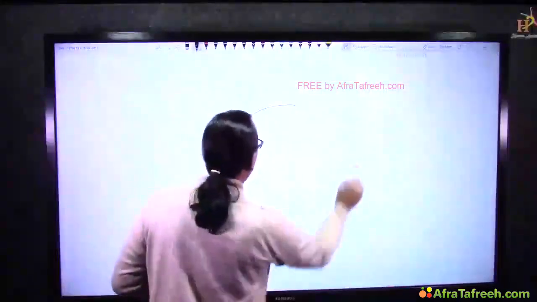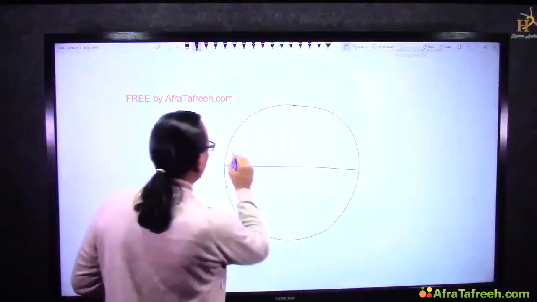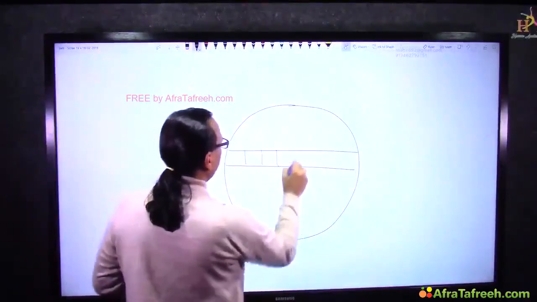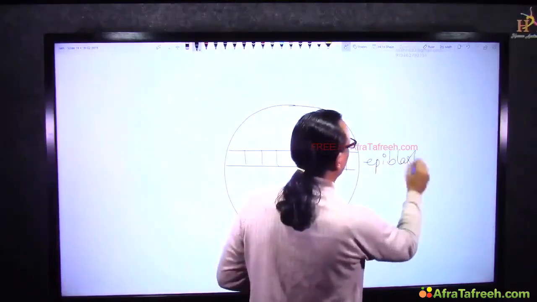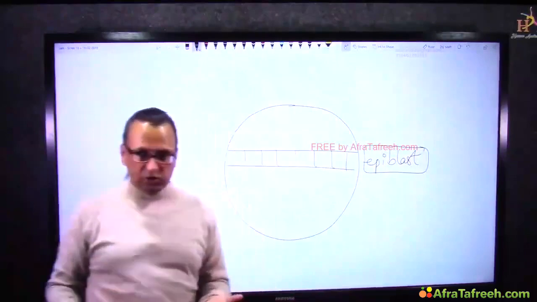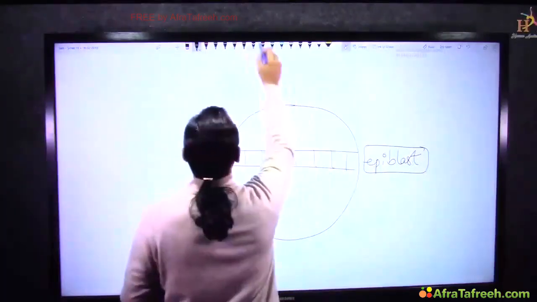This is the embryo having a dorsal columnar cell layer, which is the epiblast, and ventral is the cuboidal hypoblast.